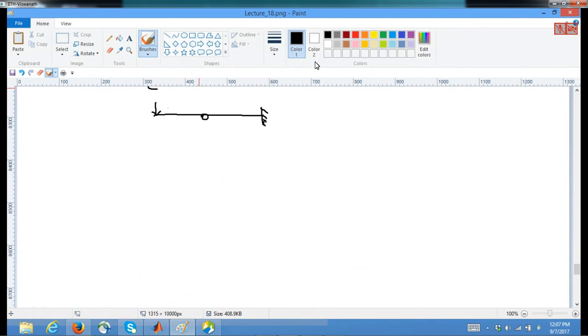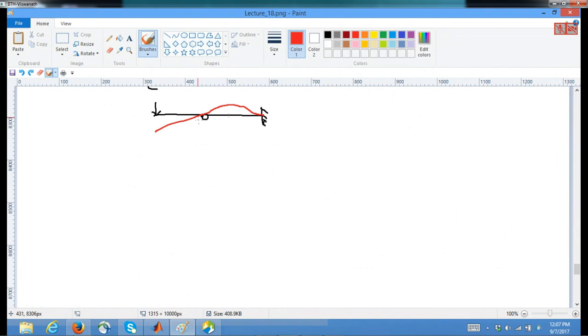With point load, since we got a negative displacement, that means the D1 is in this direction. This would be our elastic profile.